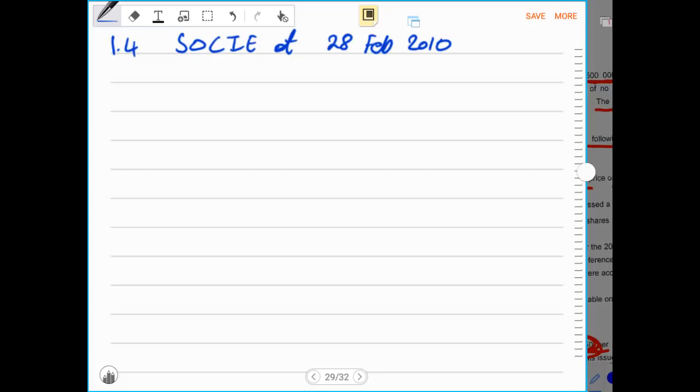So now we know that our statement will start with the ordinary stated capital. Then after we have preference stated capital.